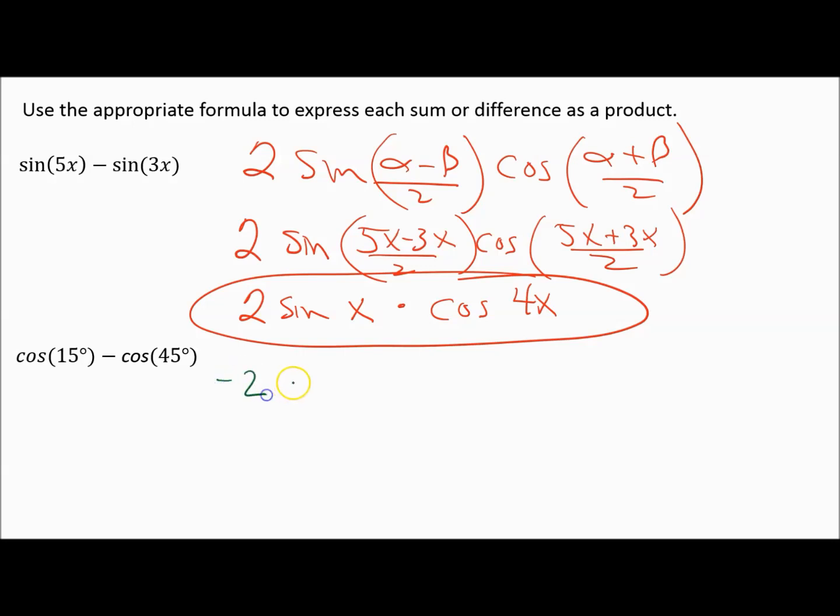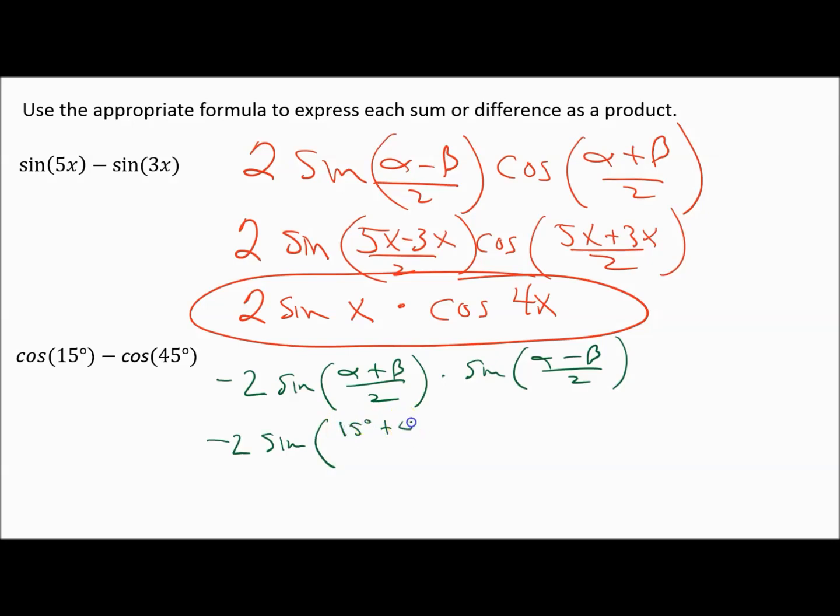So negative 2 sine of alpha plus beta over 2 times sine of alpha minus beta over 2. That's the hardest part, y'all. So negative 2 sine, alpha is 15 degrees plus beta is 45 degrees over 2, times sine of alpha 15 degrees minus beta 45 degrees over 2.